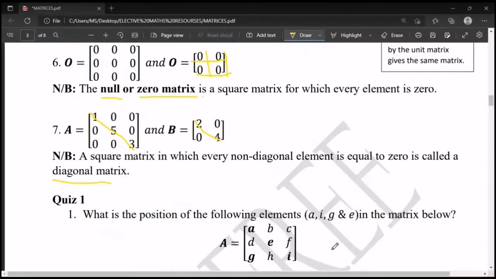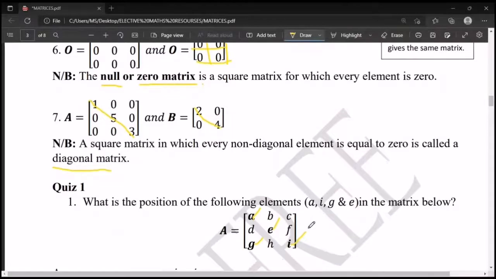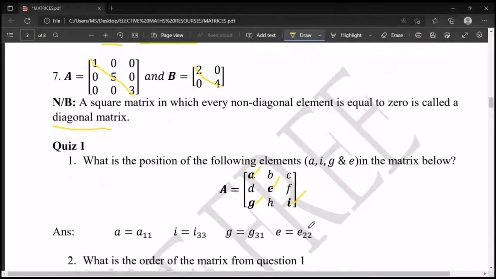What is the position of A? What is the position of E? What is the position of G? What is the position of I? You can pause the video to test yourself. All right. If you have done that, let's check the answers.